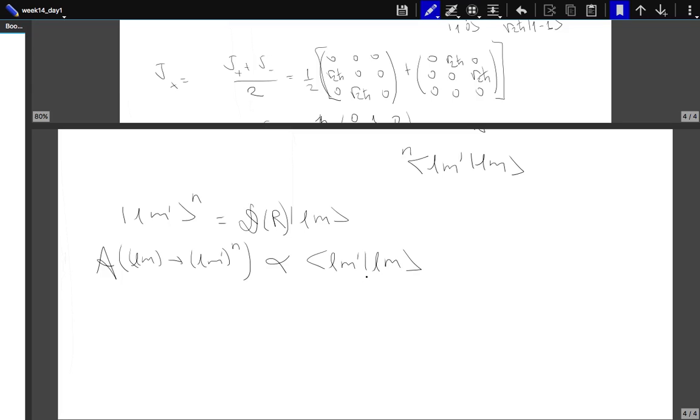So this will be ⟨L m′|L m⟩. This is the initial angular momentum, but if the interactions conserve angular momentum, it should still be in the same L m state. But we are observing it in the L m′ state in a different direction. So this is the amplitude for that probability.